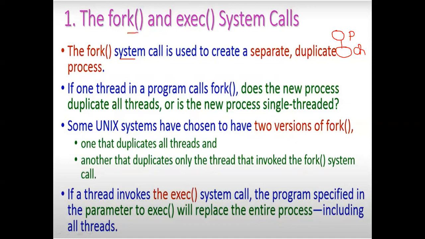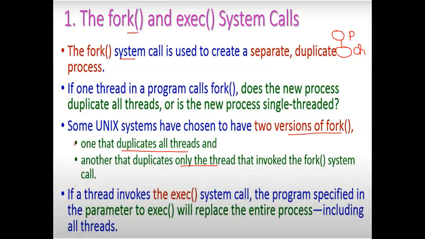To overcome this issue, some Unix operating systems have chosen to have 2 versions of fork system call. The first version is that the fork system call duplicates all the threads. The second version is that it duplicates only the thread that invokes the fork system call.